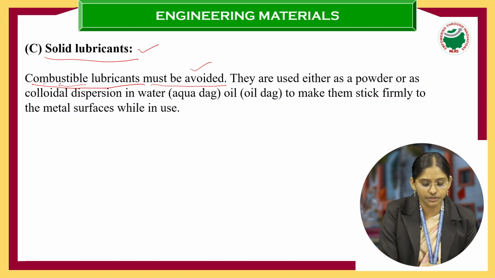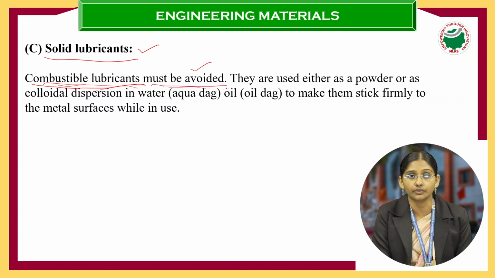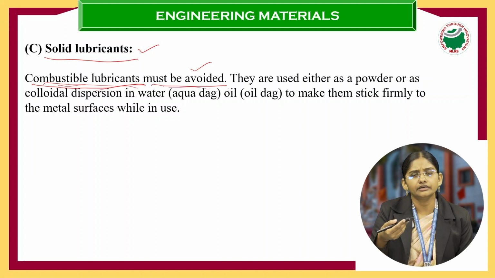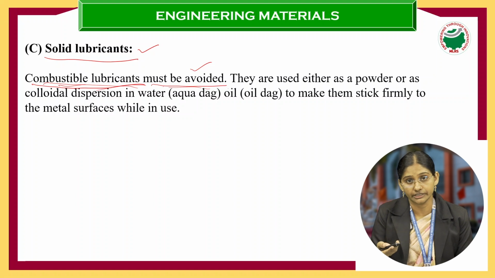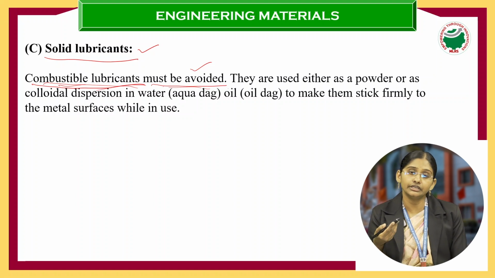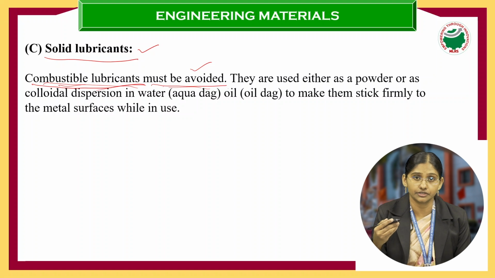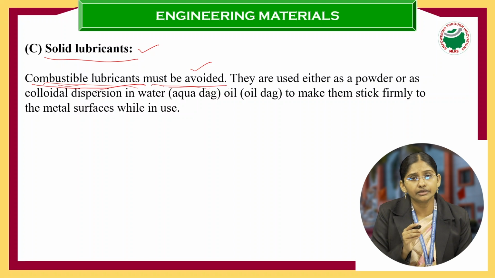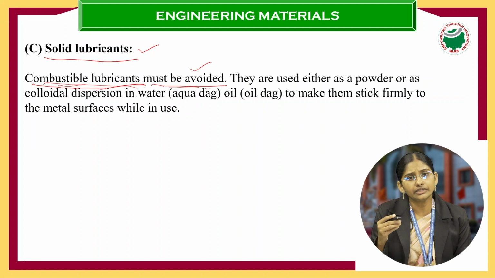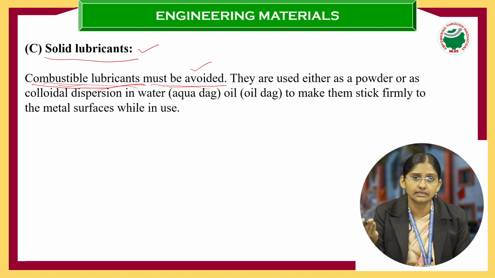Combustible lubricants must be avoided means, for example, if you use liquid lubricant in machinery which maintains 1000 degrees centigrade temperature, that liquid lubricant may evaporate, or even if it stays in that place, sometimes it will react with the gas and a combustion reaction takes place. When combustion takes place, because of that fire, the entire parts of the machine will be destroyed, right? Will be damaged.